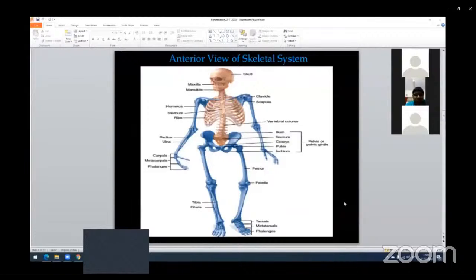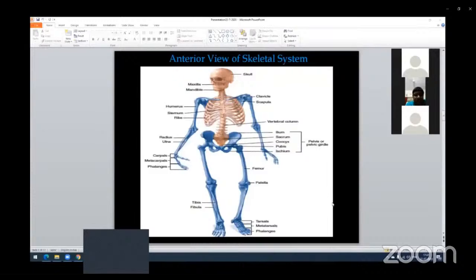Next one is the femur. The femur is your thigh bone. The femur is the strongest bone in your body, and it is one of the longest bones in your body.